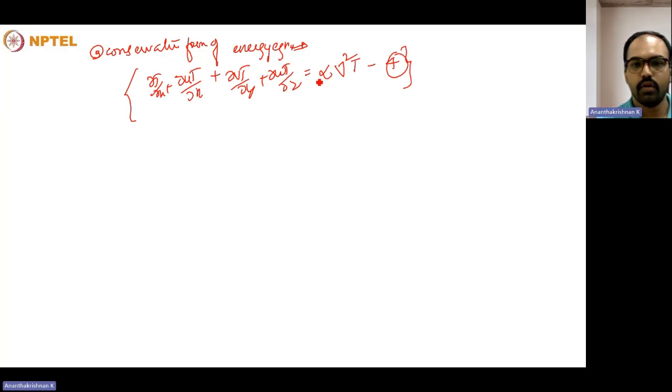So we have this equation 4. We need to find the Reynolds averaged equation of equation 4.